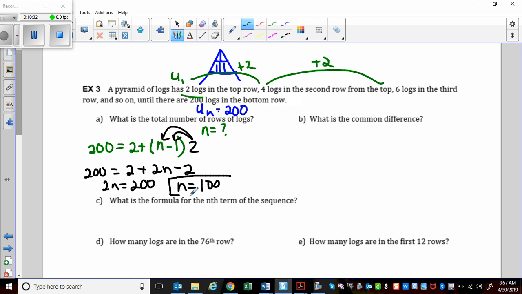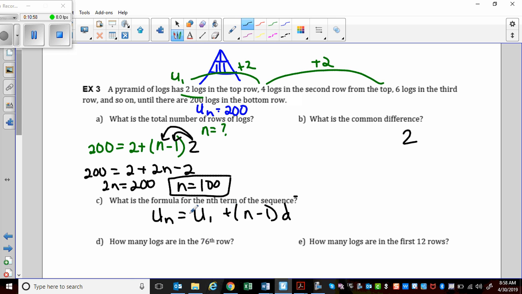So this is how many rows there are. There are 100 rows of logs. So it says, what is the common difference? I did that. What is the formula for the nth term of the sequence? So u sub n is u sub 1 plus n minus 1 times d.